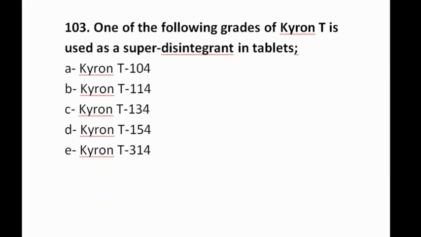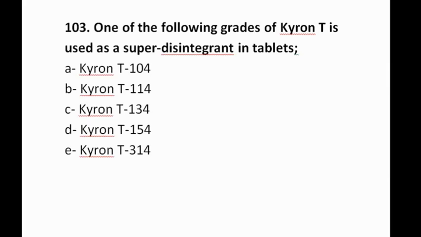One of the following grades of chiron T is used as a super disintegrant in tablets. Actually, chiron T is an excipient that is used in pharmaceutical formulations like tablets. So in this MCQ we are asked to identify the grade of chiron T that is used as a super disintegrant in tablets.